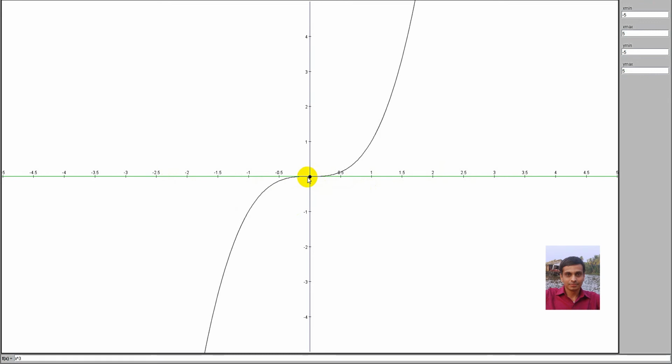Its derivative is 3x square, and at the point x is equal to 0, the derivative is 0. So derivative is 0 means we obtain the x-axis. The slope of the tangent line is 0. So the x-axis is a tangent to x cube.